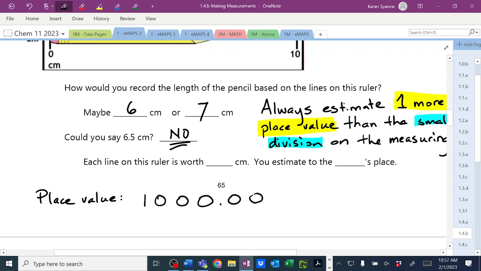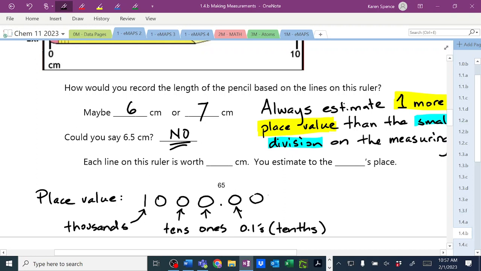Okay, so if I had a number like this, this place value would be the thousands. I'm not going to write them all in because I won't be able to fit them, but this place value would be the tens. This would be the ones. This would be the tenths or the 0.1s. And then this one would be the hundredths. That's what we mean by place value, okay?